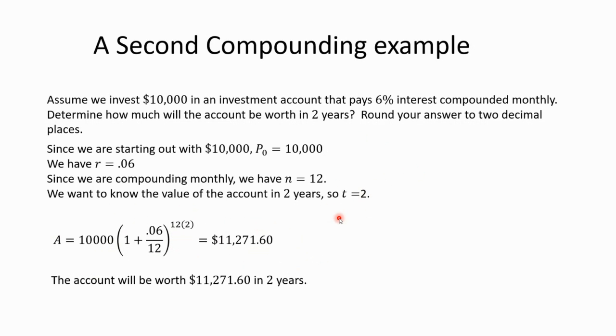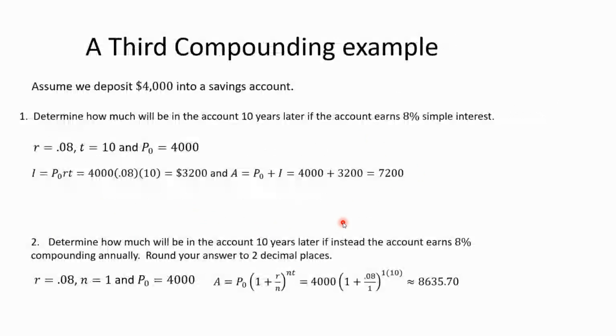And the next one, you're actually going to compare how much you'll have between simple interest and compound interest. Although you could probably guess compound interest, you're going to make more money because the interest is higher. So for this one, let's assume we deposit $4,000 into a savings account.